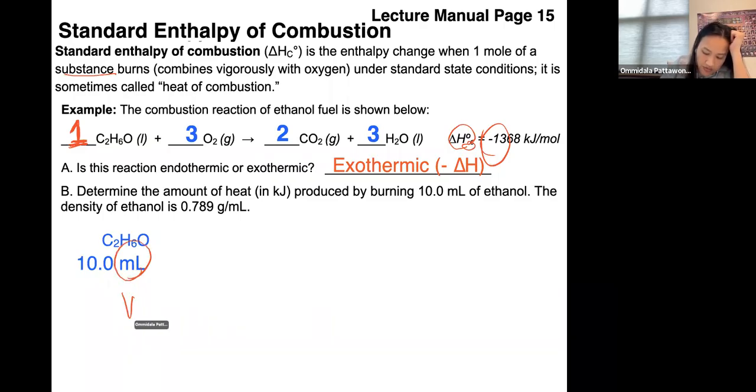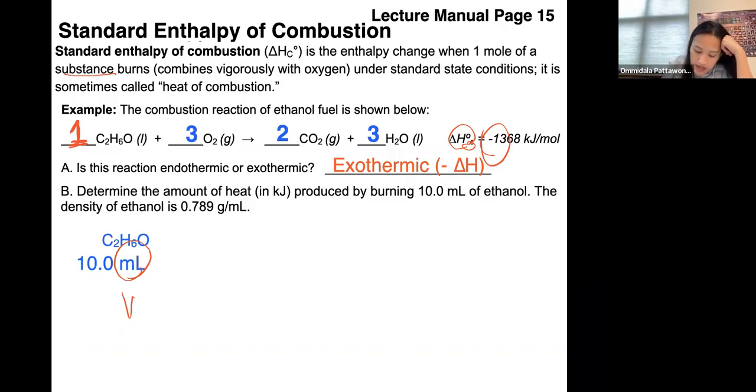So we have volume. If you go back to the stoichiometry roadmap, there is no volume conversion; it starts with grams and moles. So in this case, you need to convert this back into grams first in order to go from grams to moles. How can we do that?